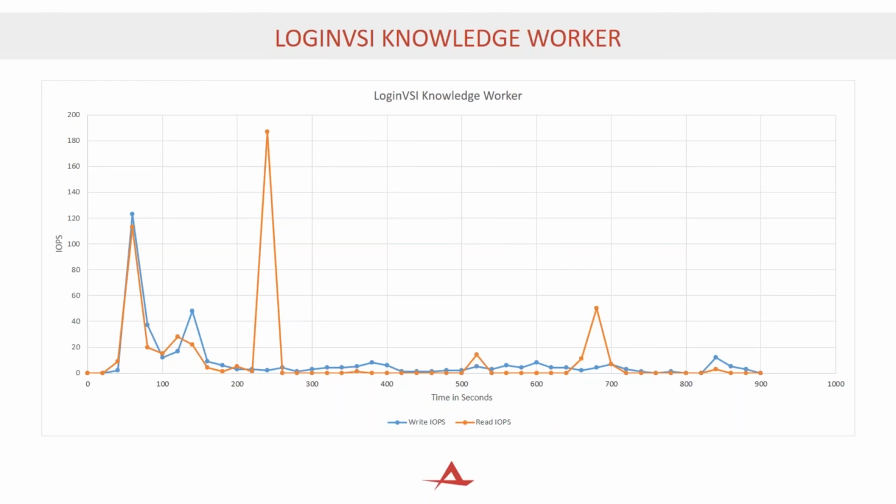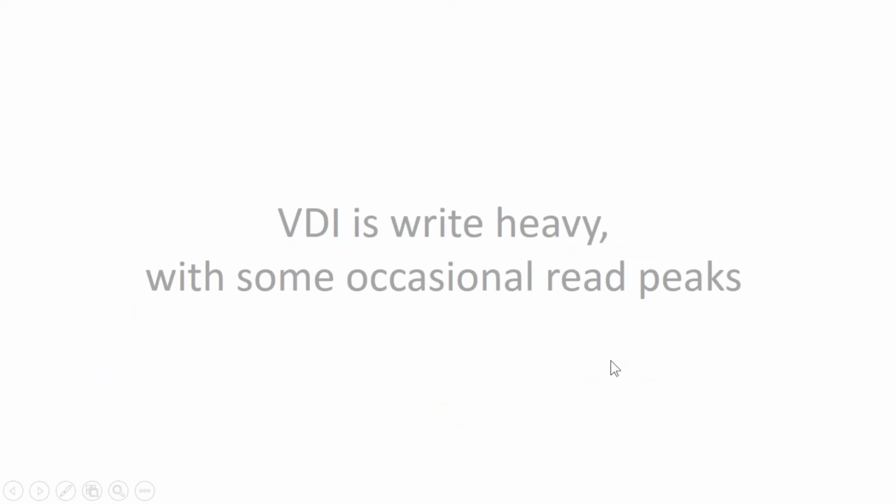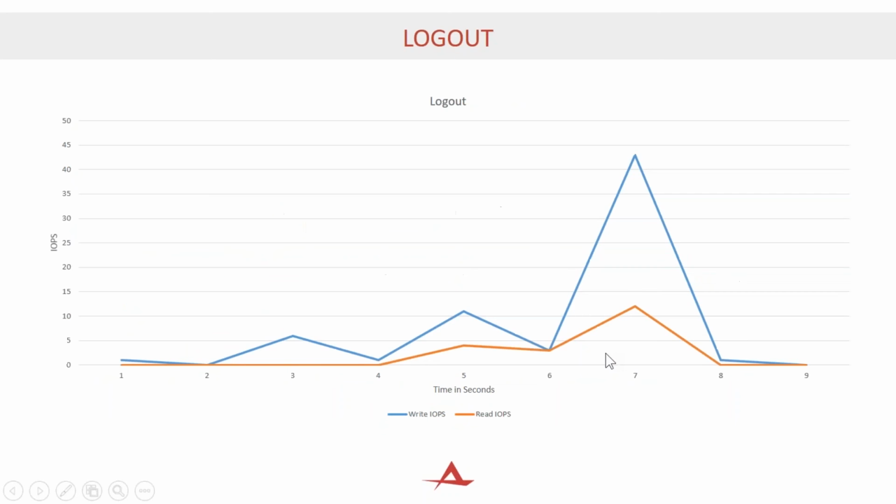The idle bits you see are when Login VSI has the actual worker pretending to be a worker, going to get a can of Coke, or making a cup of tea, or talking to other people. So this is the first time we see that write IOPS, on average, is much higher than read IOPS. So VDI in this instance is very write heavy with occasional read peaks.